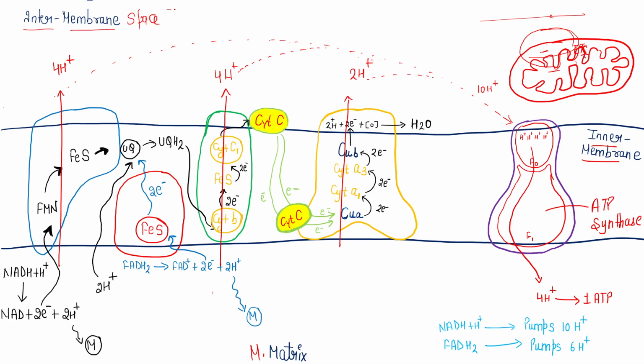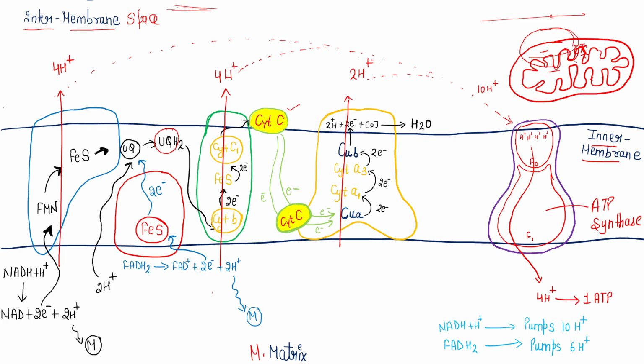Beyond that lies the outer membrane, right? These complexes are enzymes, and in addition there is ubiquinone, which helps with shuffling electrons, and this is cytochrome c. Cytochrome is also a protein which helps with the electron transport chain.